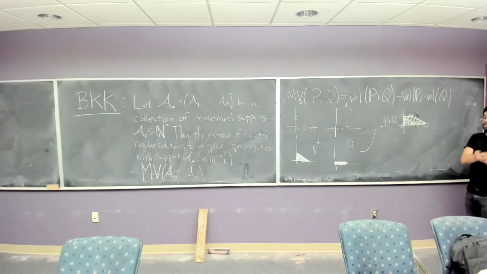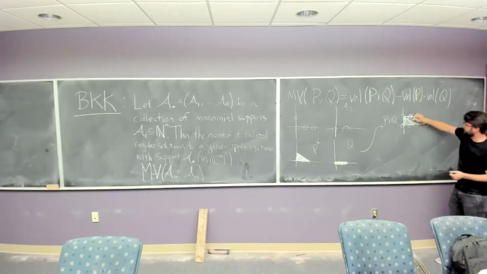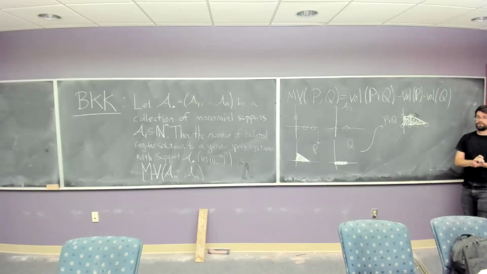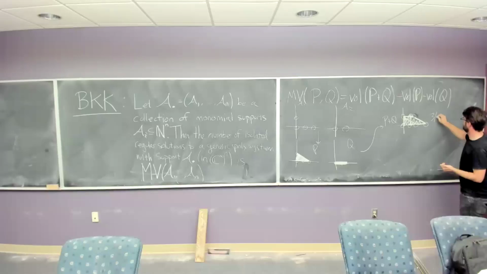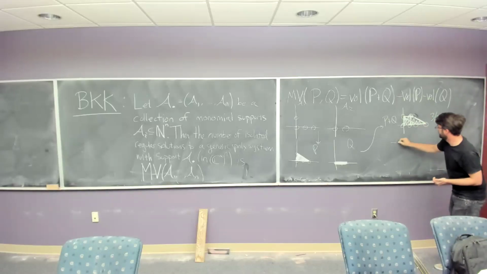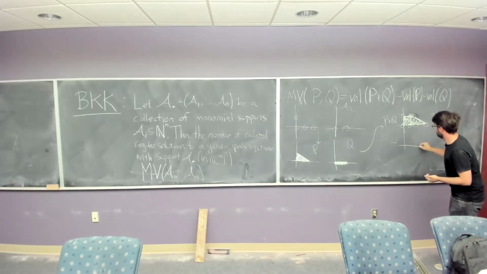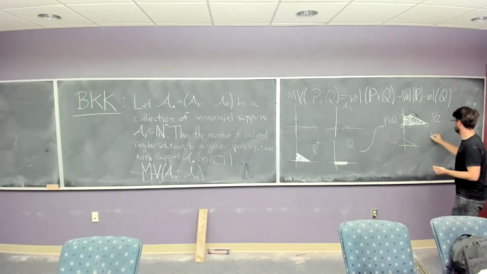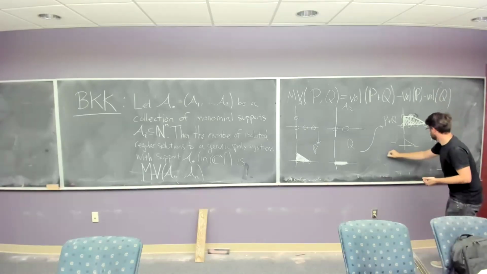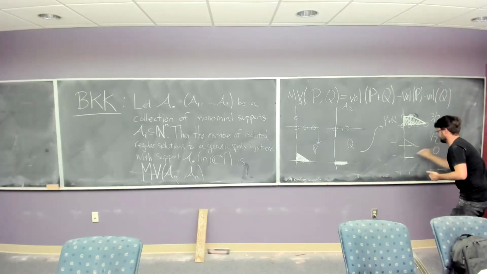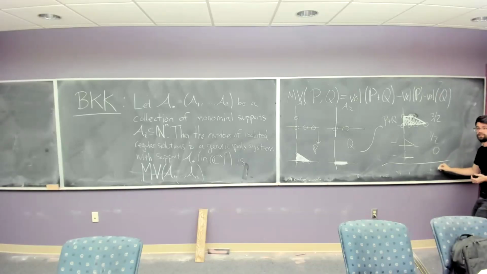What's the volume of this? 3/2. And minus the volume of this, 1/2. Minus the volume of that, 0.